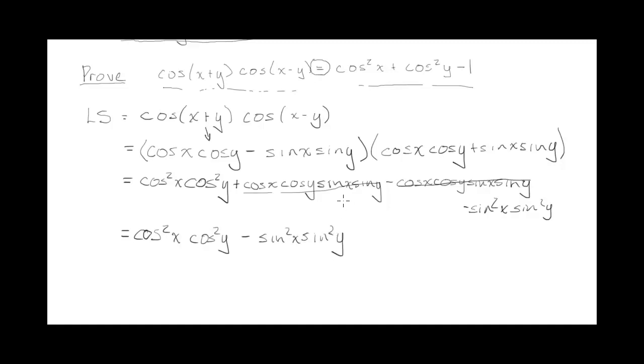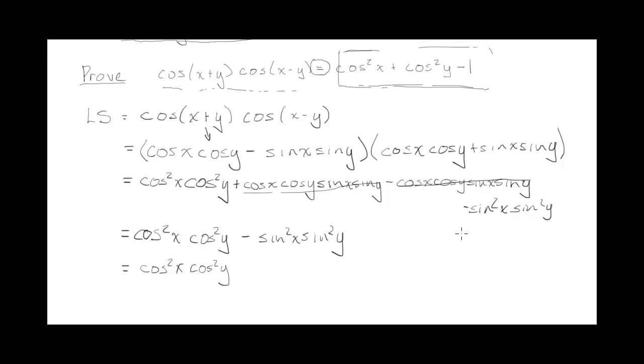Now there are a few different things you could do, but it helps to keep an eye on what you're trying to get. I want to simplify this to become the right side. Notice that the right side only has cosines, but here I have sines and cosines. It would be nice to change those sines to cosines, and we can do that using the Pythagorean identity.